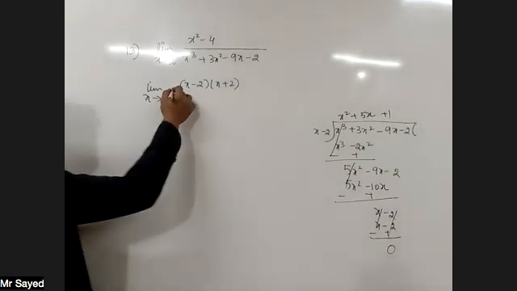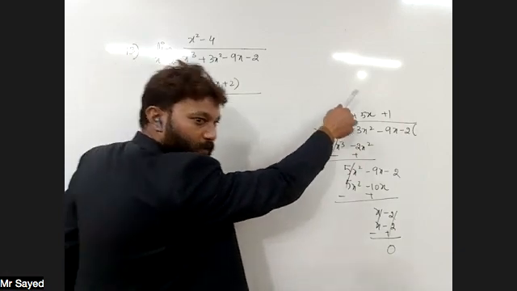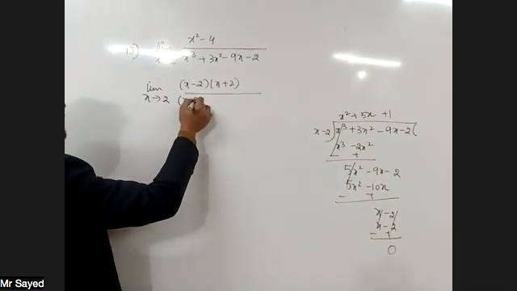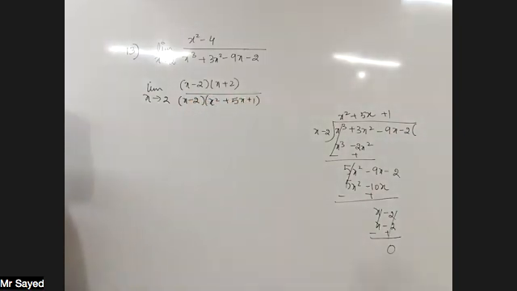We know that dividend equal to divisor into quotient plus remainder. Remainder is already 0. So can we directly write it as x minus 2, x squared plus 5x plus 1?